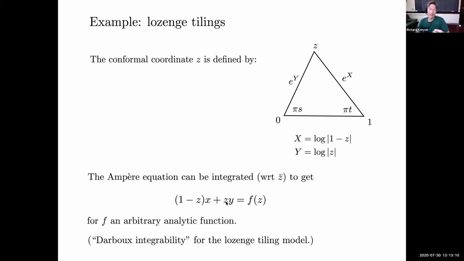And if you like, you can now think of this as z as a function of x and y. It's an implicit equation for z as a function of x and y once you fix f. If I hand you a function f, this is an implicit equation for z as a function of x and y. I can solve for z. Once I know z, I know s and t by the arguments of these 2 angles here.